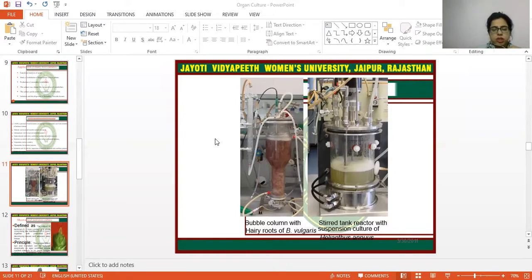If you are generating secondary metabolites, or you want to get hairy root culture in a large amount, you can set up these bubble columns or stirred tank reactors for the hairy root culture.